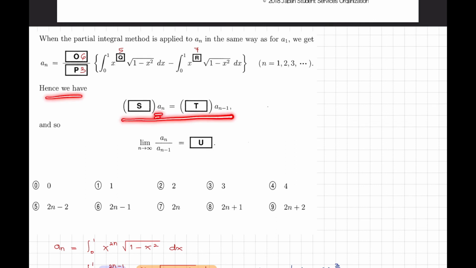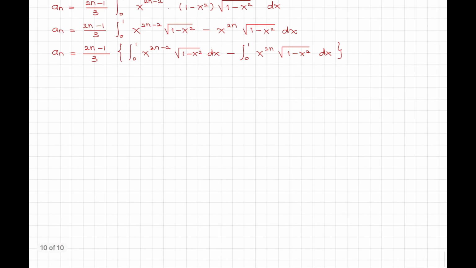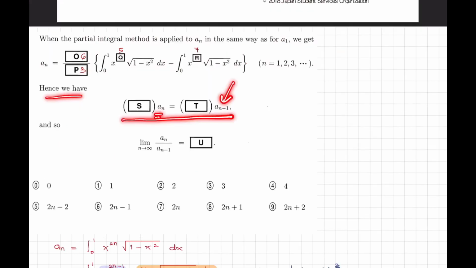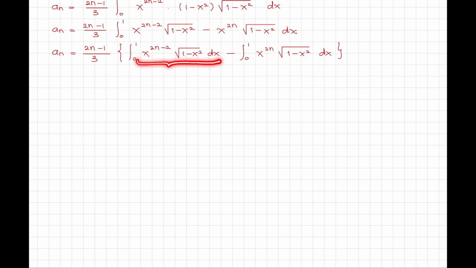We have to express a_n in terms of a_n minus 1. If you observe this expression, basically a_n minus 1. a_n is equals to integration x to the power of 2n square root of 1 minus x squared dx.